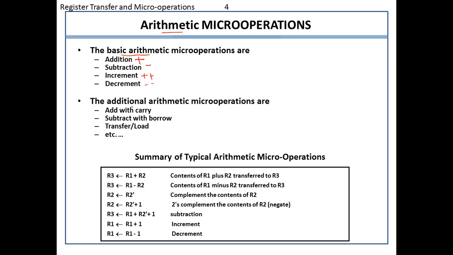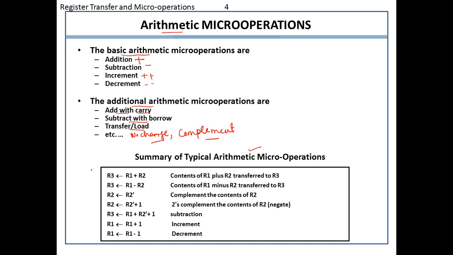Similarly, we can also perform other arithmetic microoperations, like addition with carry or subtraction with borrow, by transferring the data simply or by loading the data, and many more things. Or it could be the same value, meaning there is a no-change condition whenever the same data is generated, or the condition can be whenever you just want the complement of the data. So all these categories can be part of the arithmetic microoperations.